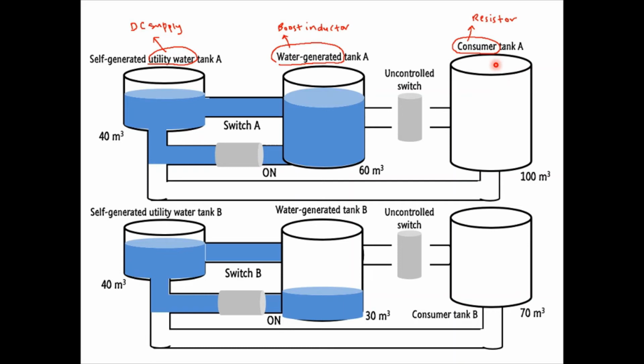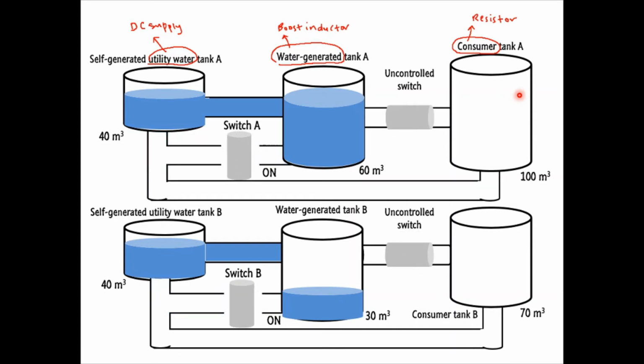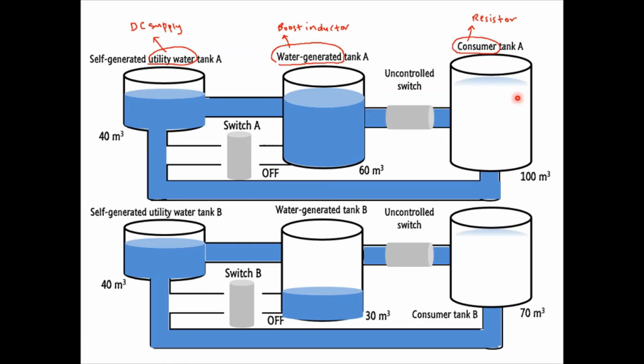Once the water-generated tanks completed their function, switches A and B are turned off and automatically the uncontrollable switches are turned on to connect the consumer tanks to the systems. At this moment, there is a direct water flow between the utility, water-generated, and consumer tanks.